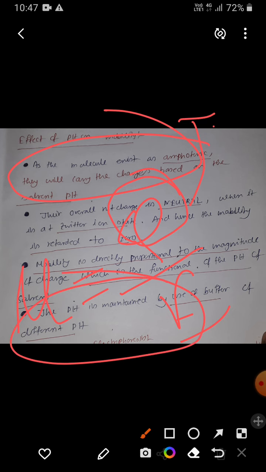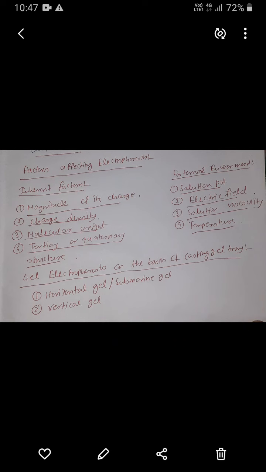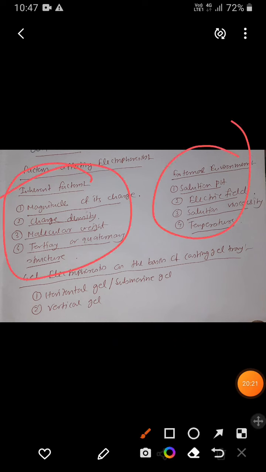The pH is maintained by using buffers of different pH, and as the molecule in most cases is amphoteric in nature, the charge that it carries depends on the pH of the solvent. So we need to set the pH of the solvent very well to separate molecules, and this can be easily done by using buffers of different pH. Then we discussed the inherent and external factors.